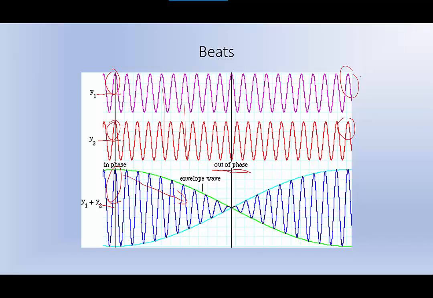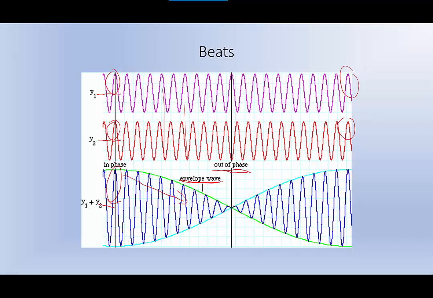The green and light blue lines that go around the resultant wave of y1 and y2 is called the envelope wave. This envelope wave is what sounds like beats. So it will be louder and then get softer and then get louder and then get softer according to the frequency of the green line here.